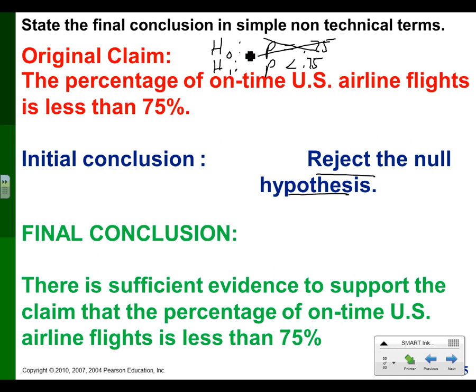Since you've thrown out one statement, what statement is left? There is sufficient evidence to support the fact that the percentage of U.S. flights is less than 75%. That's what you write. Okay? So does that make sense? Remember, you're saying in the test, only one of two outcomes is possible, not both.